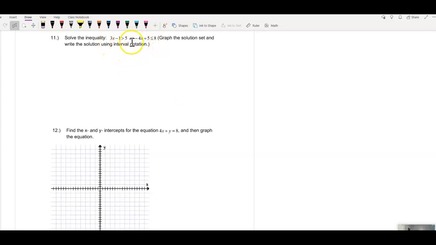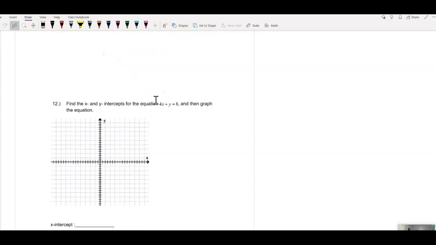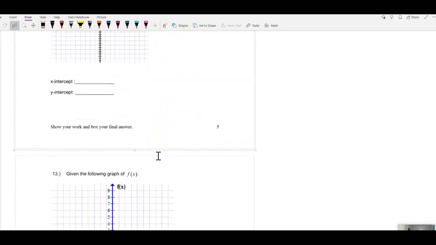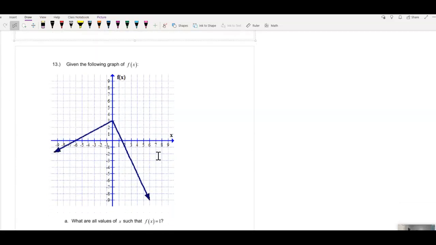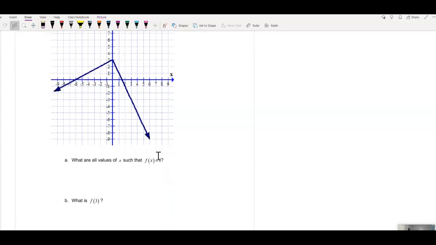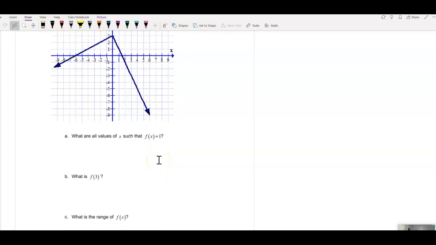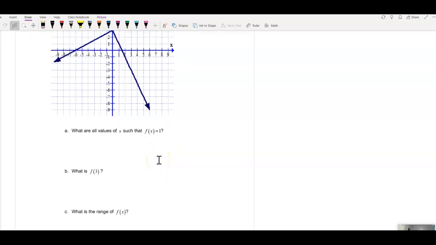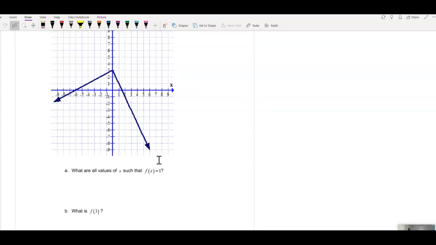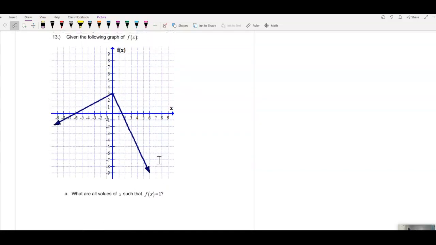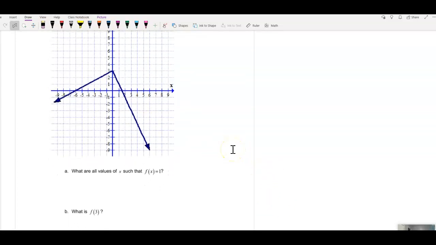So solving the inequalities with an or statement, graphing an equation, finding the values on the graph. Let's do this one really quick, and if we want to go back up and get some of those other ones, then just let me know. But I do want to talk about this because this sometimes is a little bit tricky.